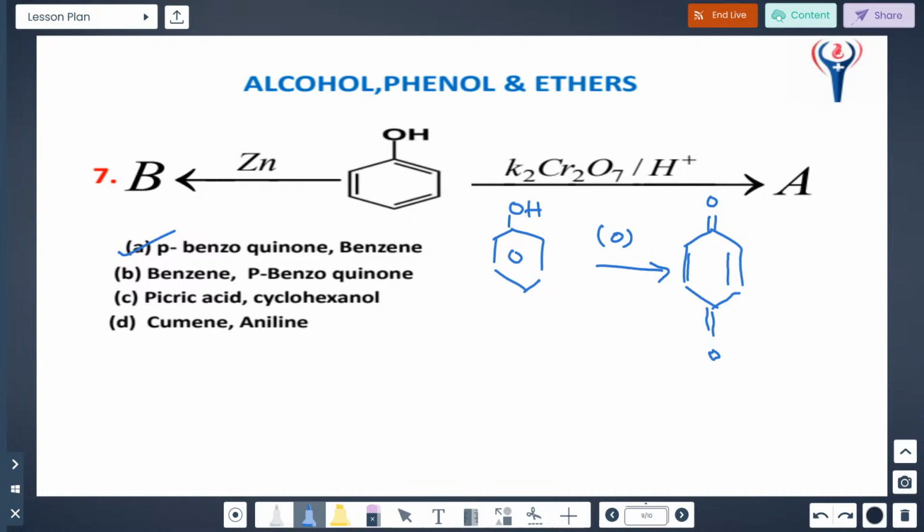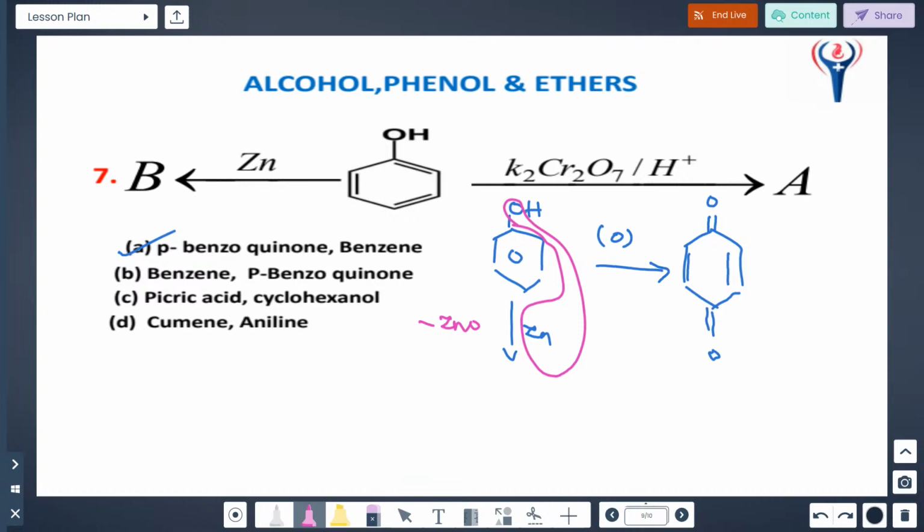Then phenol is reduced by zinc. Just remember the simple one, zinc. If you put zinc, zinc oxide will be removed. Now the O is removed, before that we can say C6H5OH.